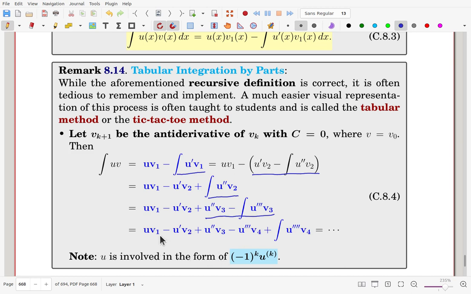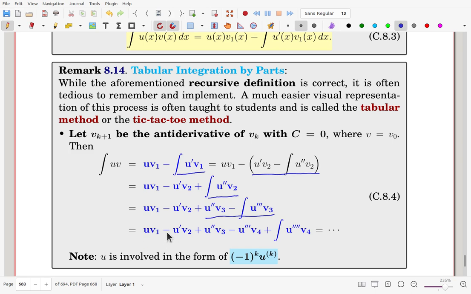Here, the sign is minus, plus, minus, plus. For U derivatives, it is used in this form: minus 1 to the k, U kth derivative. With no derivative, which means a 0th derivative, it is positive.